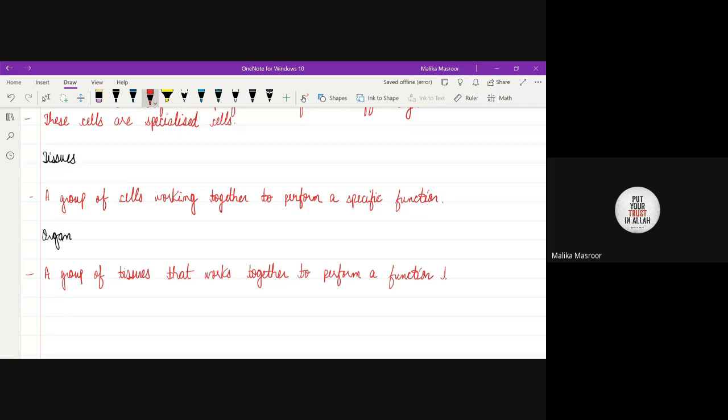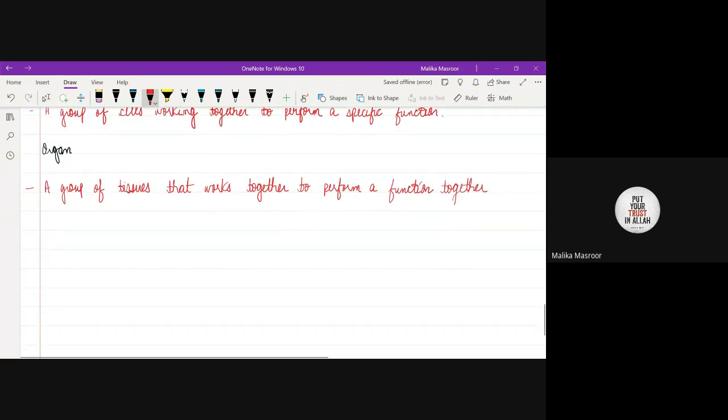Next, when a group of organs is working together, it is called an organ system.